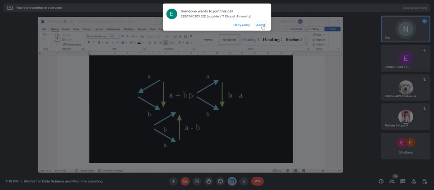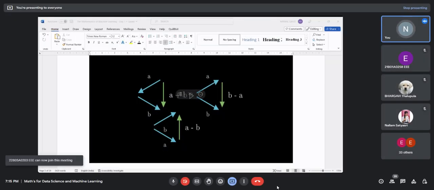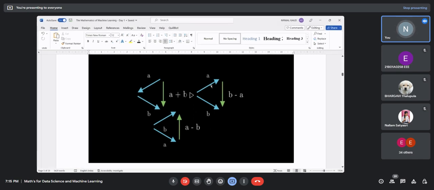You need to understand and remember that understanding the direction is everything. If a is in this direction and b in this direction, this direction represents b minus a. And if I reverse the direction, then obviously the terms will be reversed. This will be a minus b.